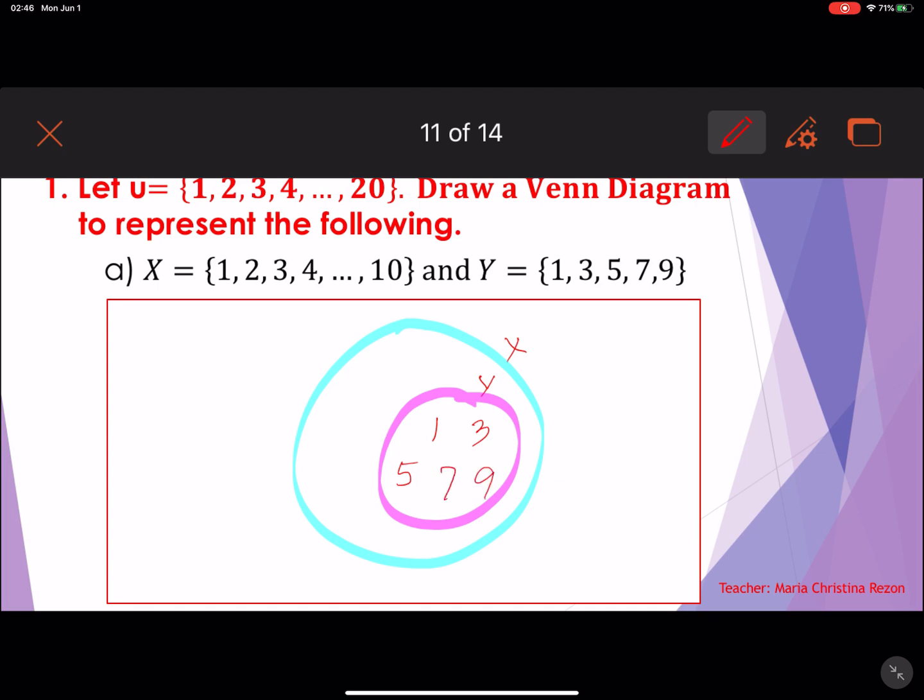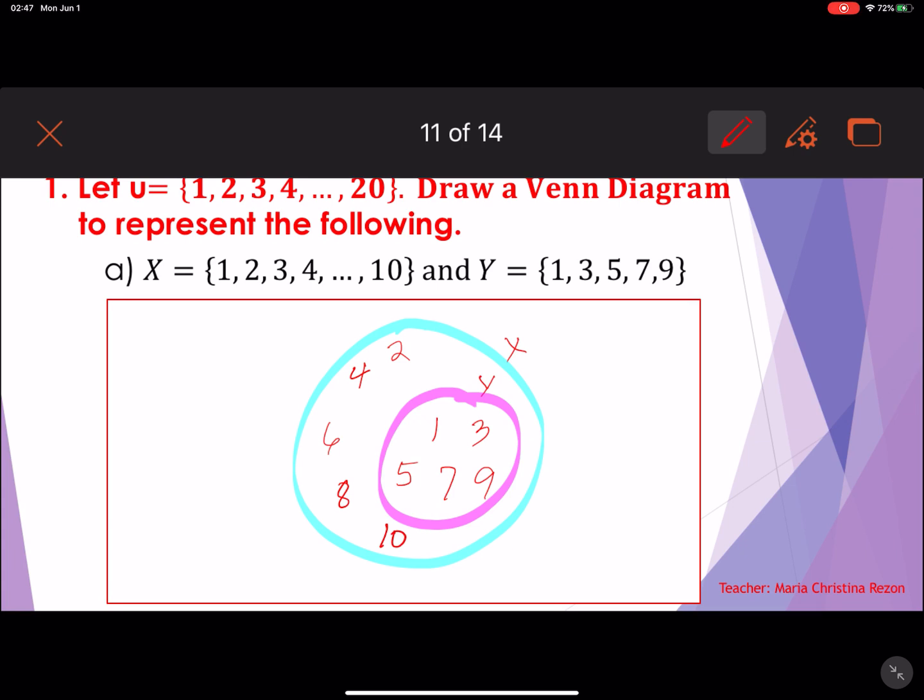And then what is inside Y is all inside of X. What is inside of X, that is not part of Y is 2, 4, 6, 8, and 10. Okay?